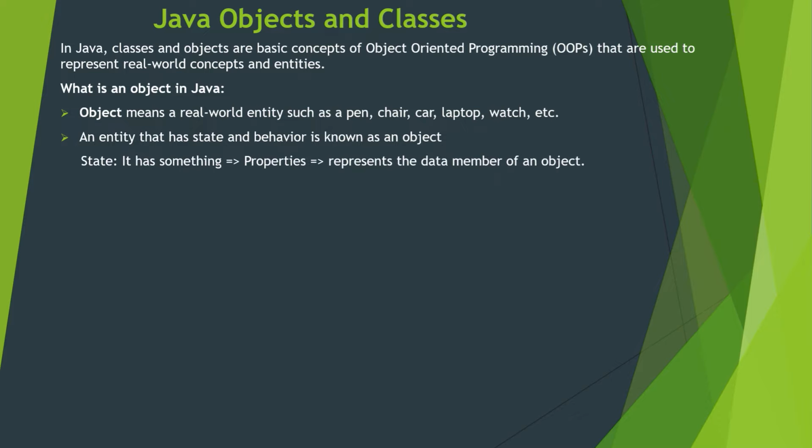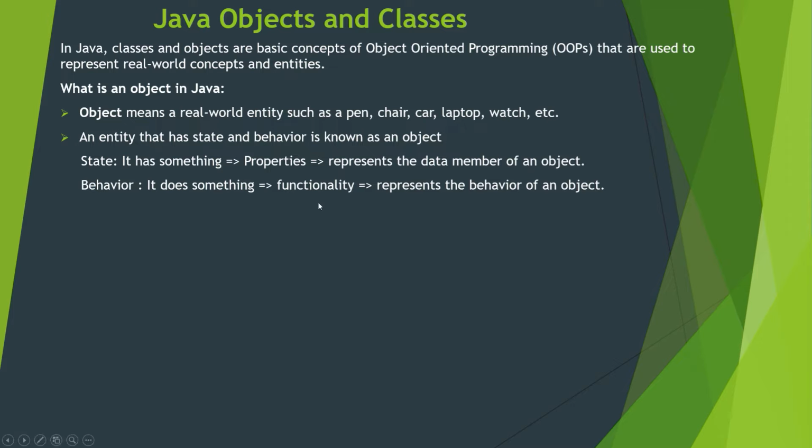So what is state? State has something called properties, which represent the data members of an object. Second, behavior of an object means it does something. Functionality represents the behavior of an object. Okay, it is a physical entity basically.